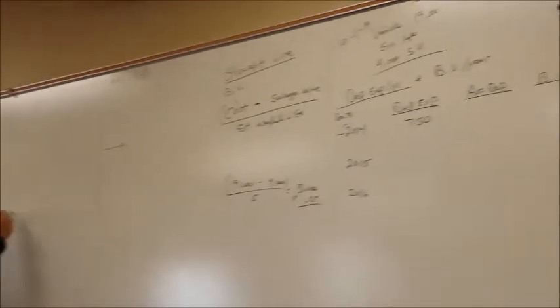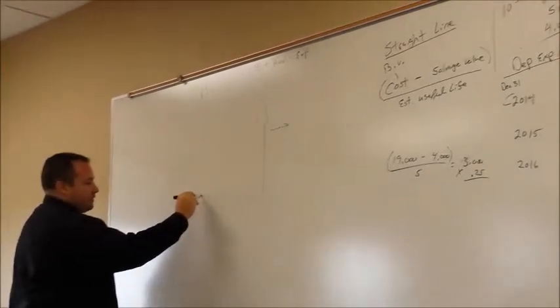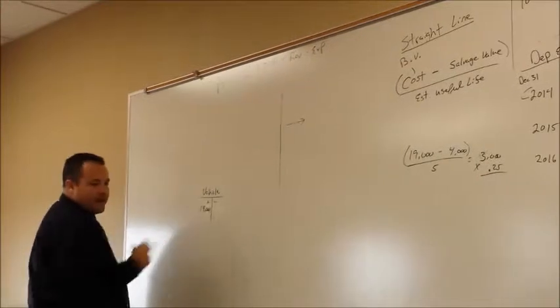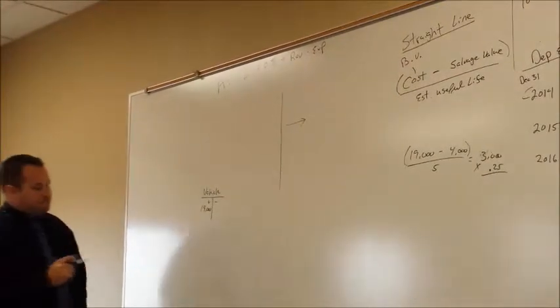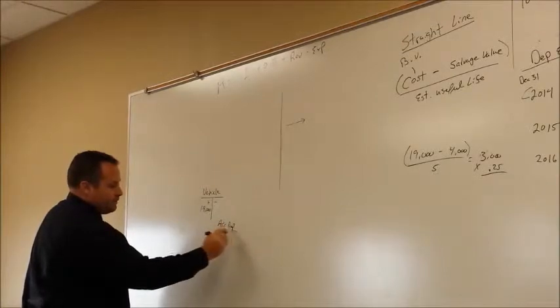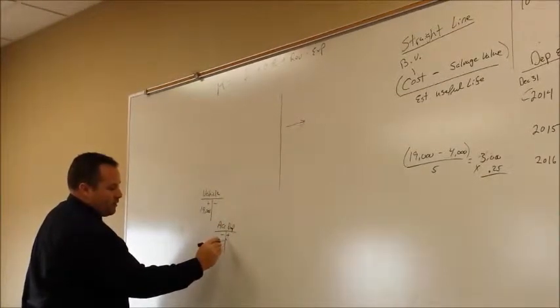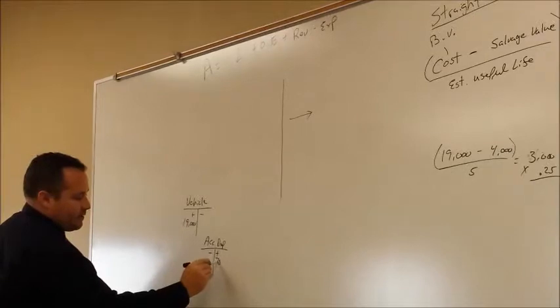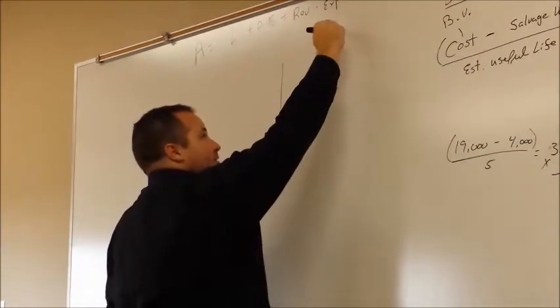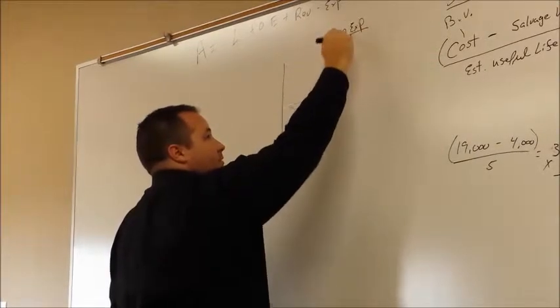So if I was looking at my T accounts, I have a $19,000 asset, accumulated depreciation after year 1 of $750, and a depreciation expense of $750.